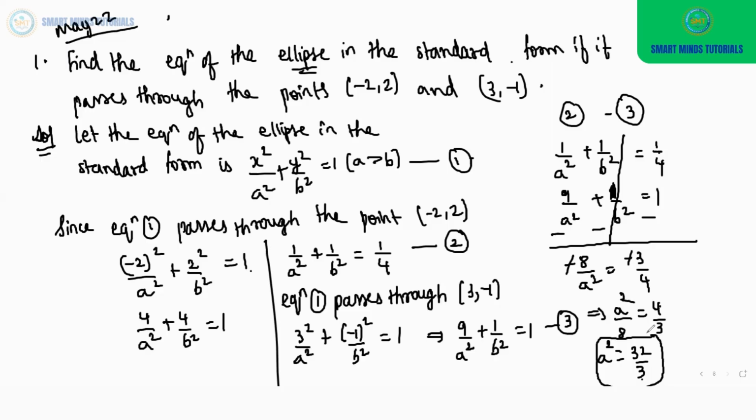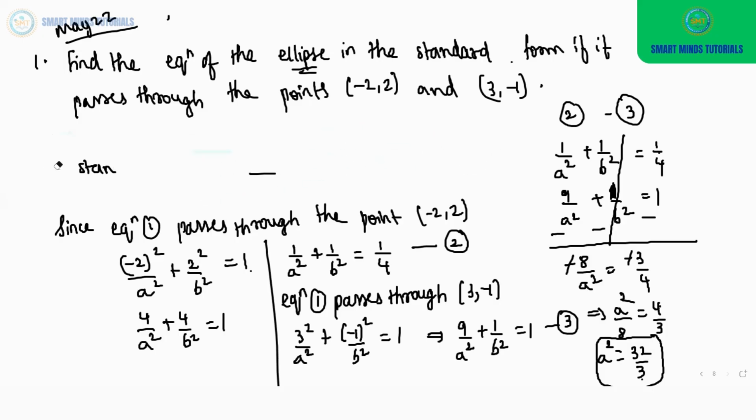So whenever they say passing through points, the method is the same, whether it is circle or ellipse or parabola. Substituting a square in either 2 or 3, say equation number 2.